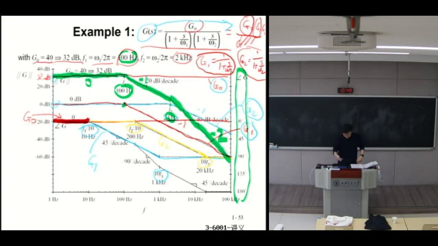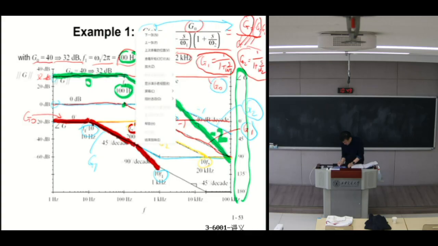And then after 1/10 of F1, you see the changing of G1. G1 is changing, so the overall phase angle Bode plot is going to be changing. And then at 1/10 of F2, at this point, you see another turning point. So the overall phase angle is also changed to another slope.